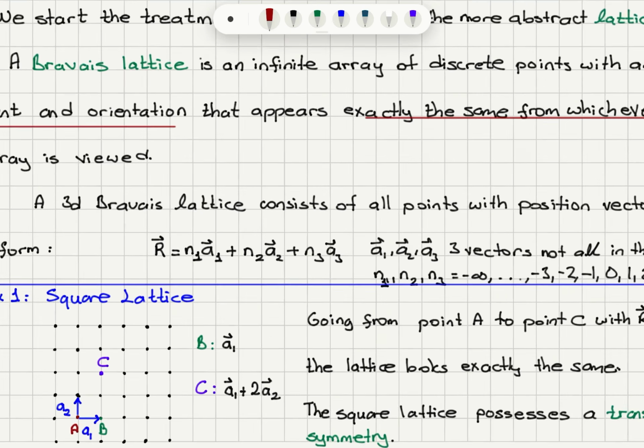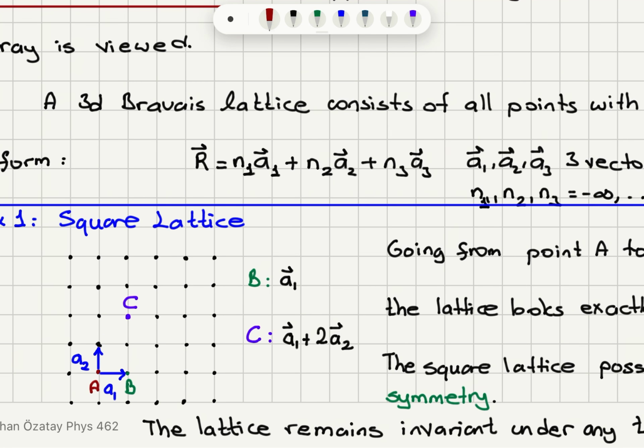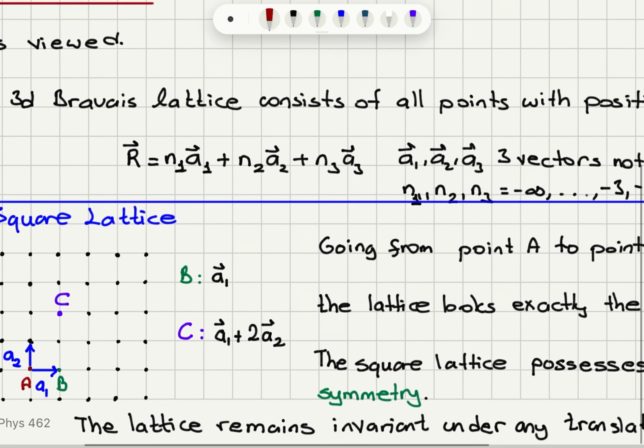Now, as an example for a Bravais lattice, we can consider the square lattice. You can see that the a1 and a2 vectors are defined, and from point A to point B, I just need to have one a1 vector displacement, and from point A to point C, I need to have a1 plus 2a2 in order to reach this point.